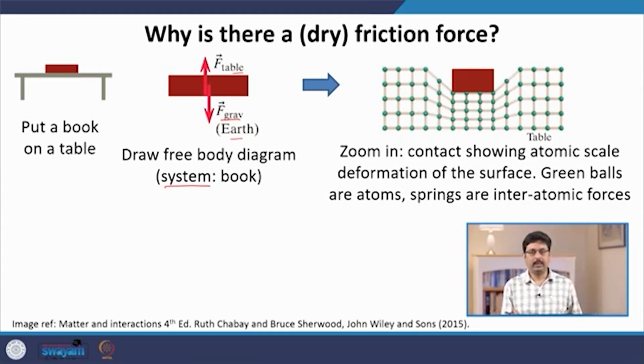Let us say this is a metallic table, or a wrought iron table, and there are forces between these atoms which are represented by these little springs.